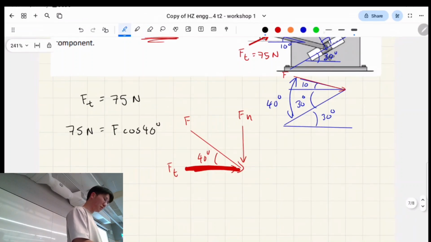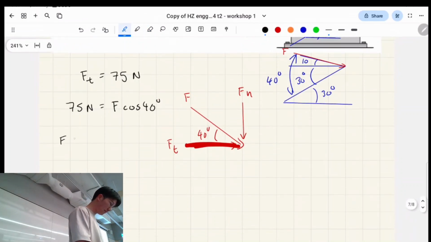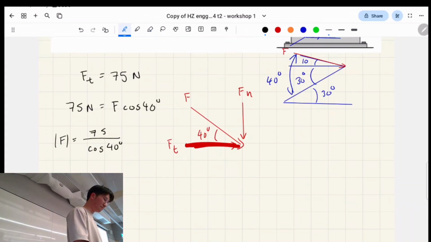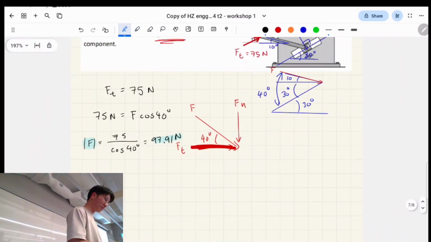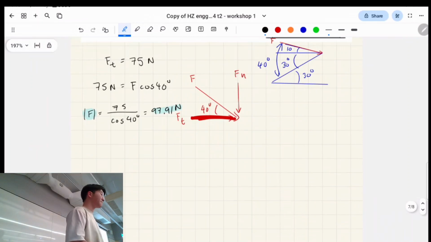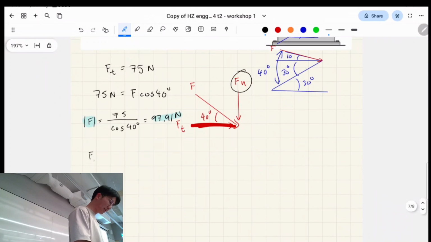So when we rearrange it, we solve this magnitude by dividing 75 by cos 40. That gives us 97.91 newtons. Okay, that's the first part of the question. That's just asking for the magnitude. Next, we solve for this component, that's the normal component.